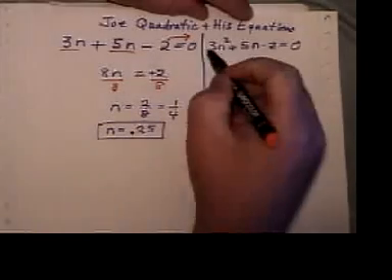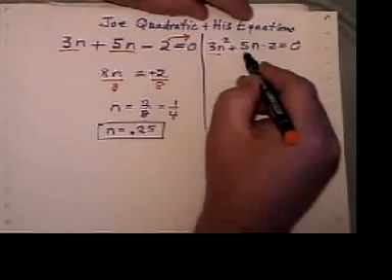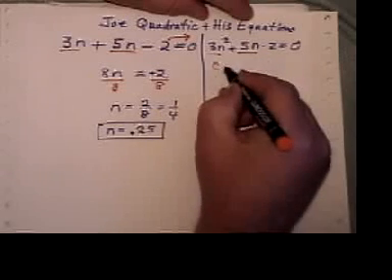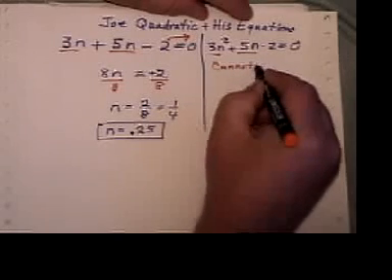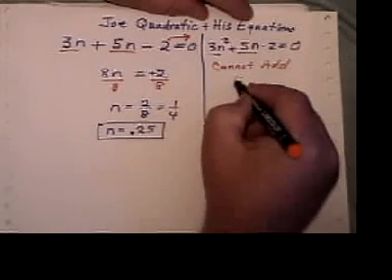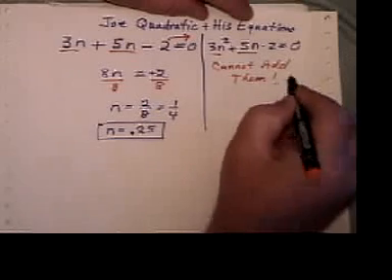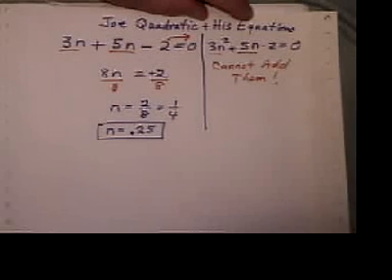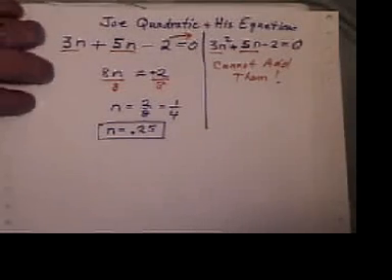I cannot go through and take 3n squared and 5n, and you cannot add them. So right away you have a problem, and that is what a quadratic equation looks like. It has a squared sign in it.